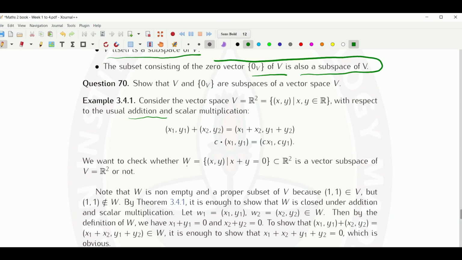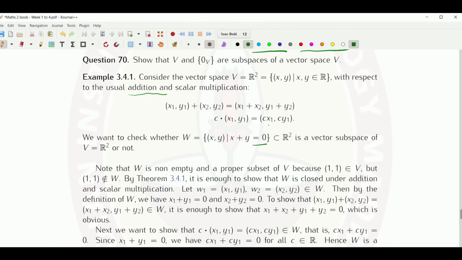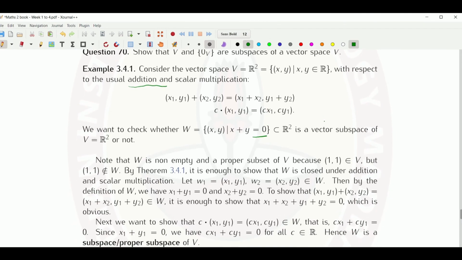We want to check whether W is equal to the set of x, y such that x plus y is equal to 0, a subset of R2, is a vector subspace of V is equal to R2 or not. Note that W is a non-empty and a proper subset of V because 1 comma 1 belongs to V but 1 comma 1 does not belong to W.